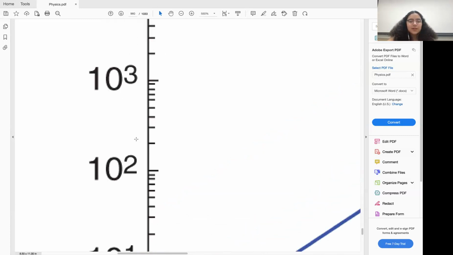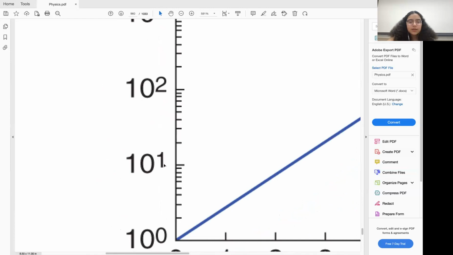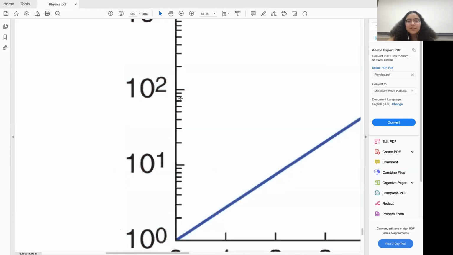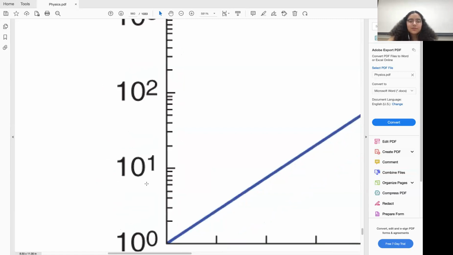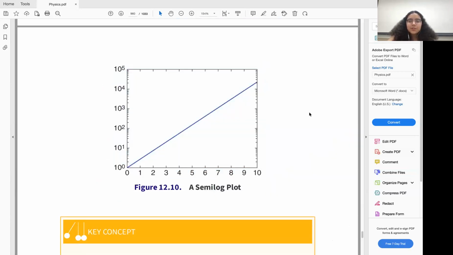If this is 10, 20, 30, 40, 50, then 60, 70, 80, 90 are very close together. 80, 90 barely look different, and you're at 100. And then this is the difference between 100 and 1,000. The first chunk here is just the difference between 0 and 10, then you go from 10 to 100. So pay attention to those and read those well with the tick marks.